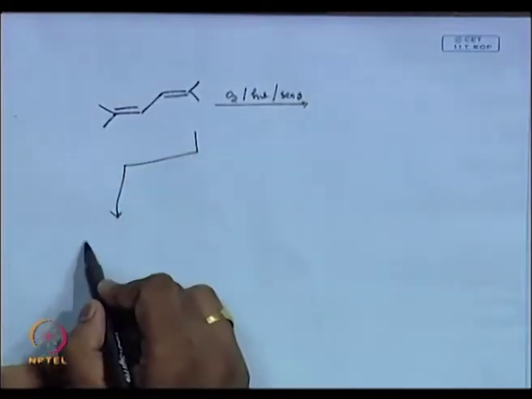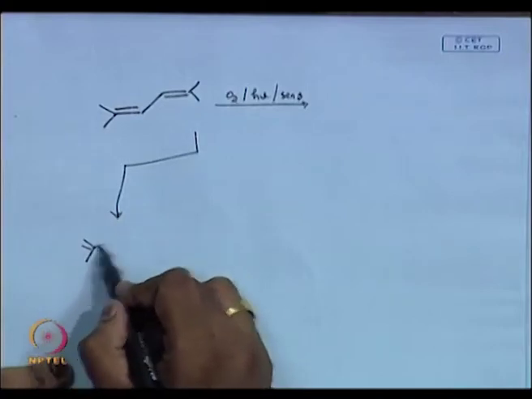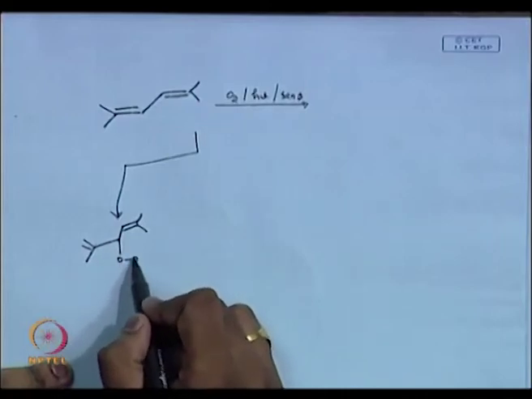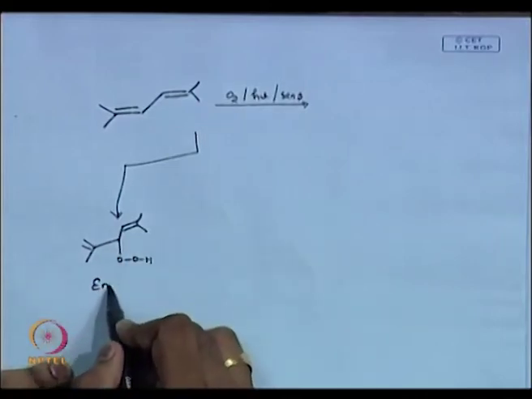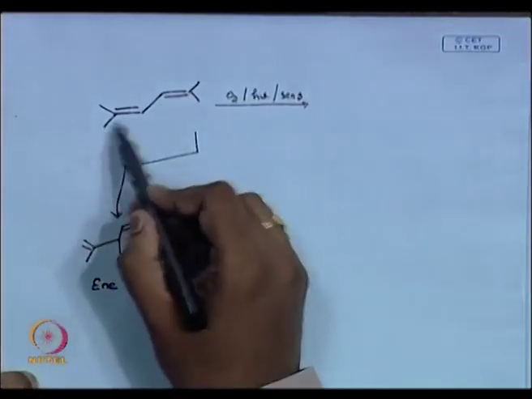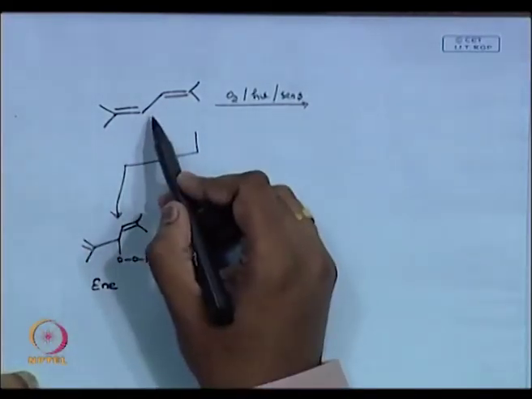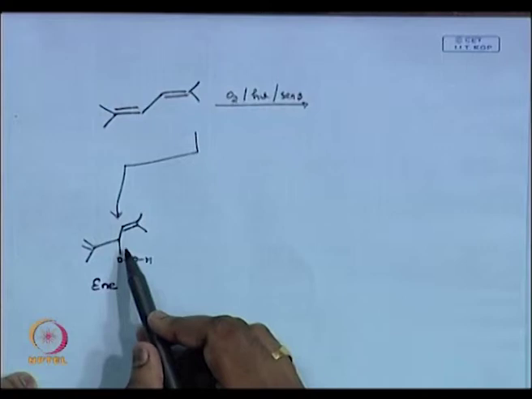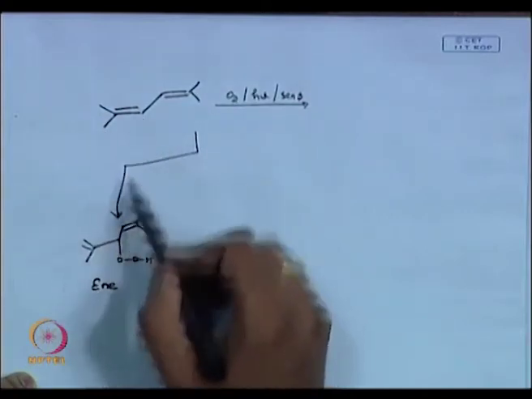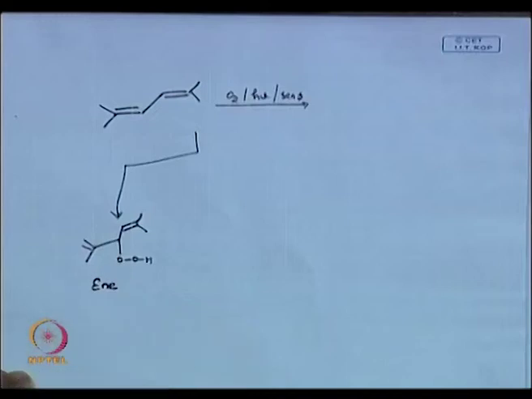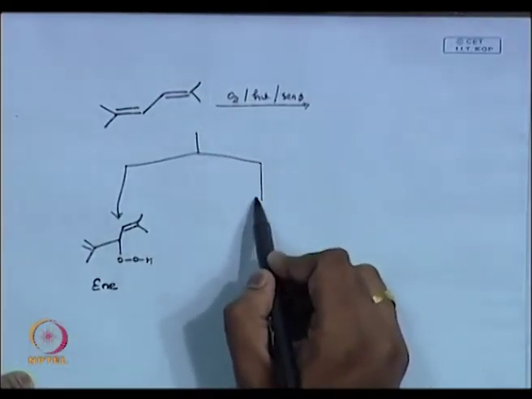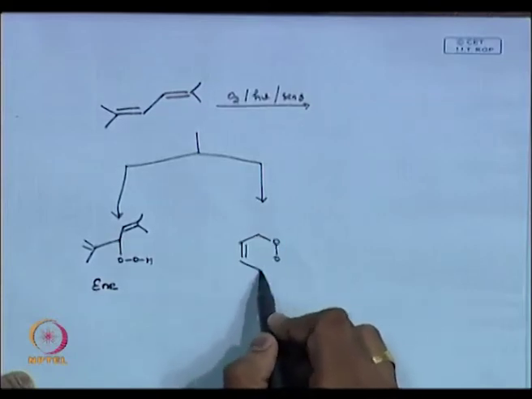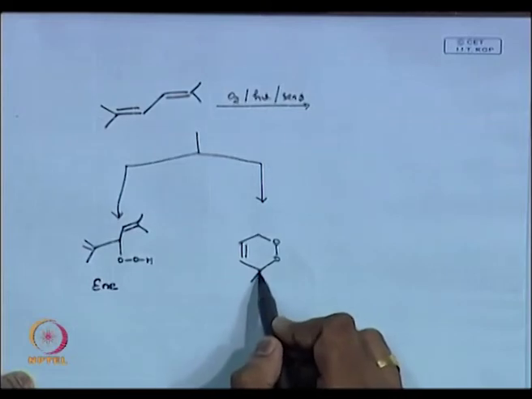Can you write the product? This you can get from your ene reaction, right. So I can take this hydrogen from this product. Yes, I can get this product, then I can think about nice 4 plus 2 cycloaddition.